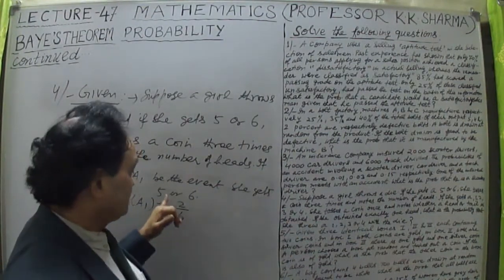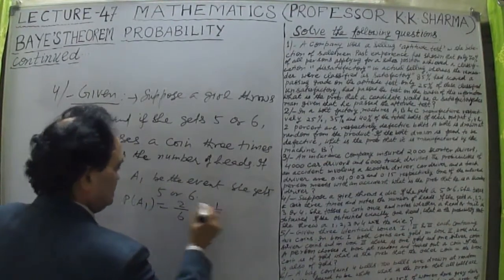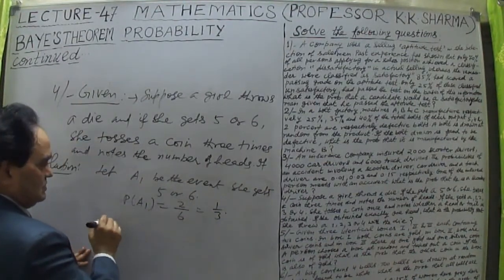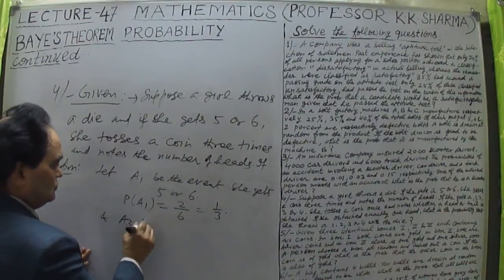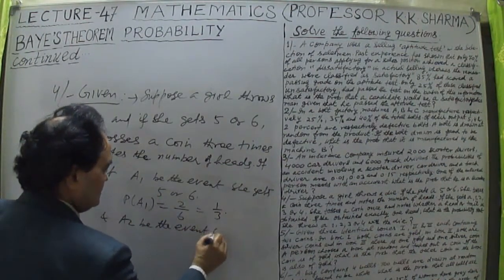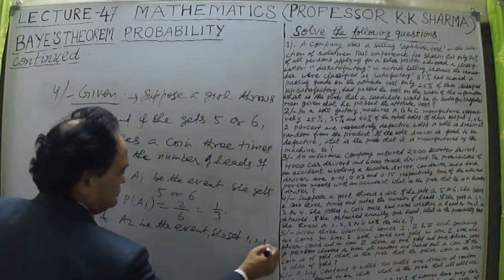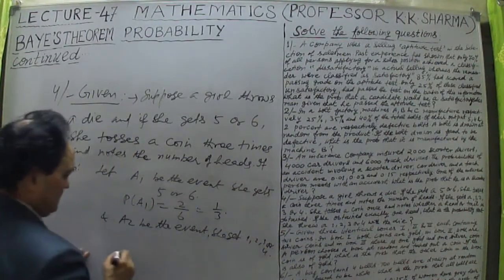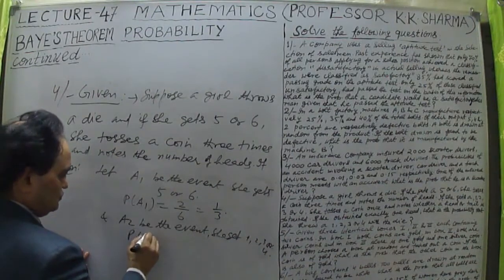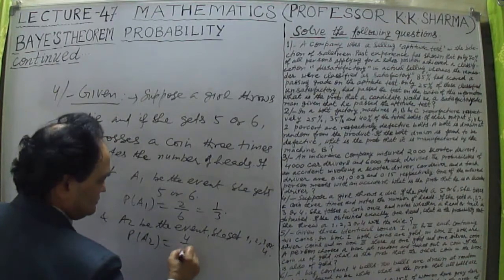Out of that she is getting 5 or 6, means 2 events. It is 1 upon 3. And A2 be the event we have assumed here, she gets 1, 2, 3 or 4. That means probability of A2 will be, there are 4 numbers, so 4 upon 6.